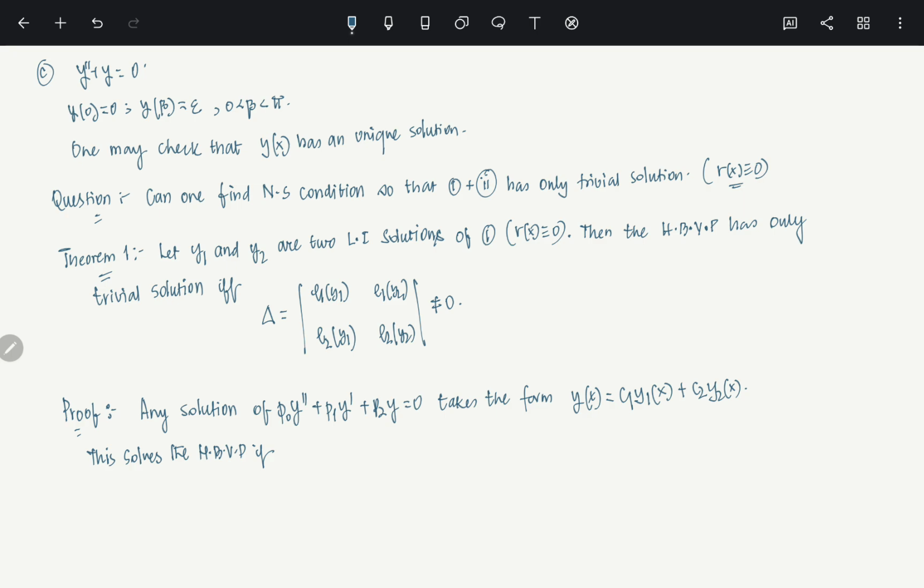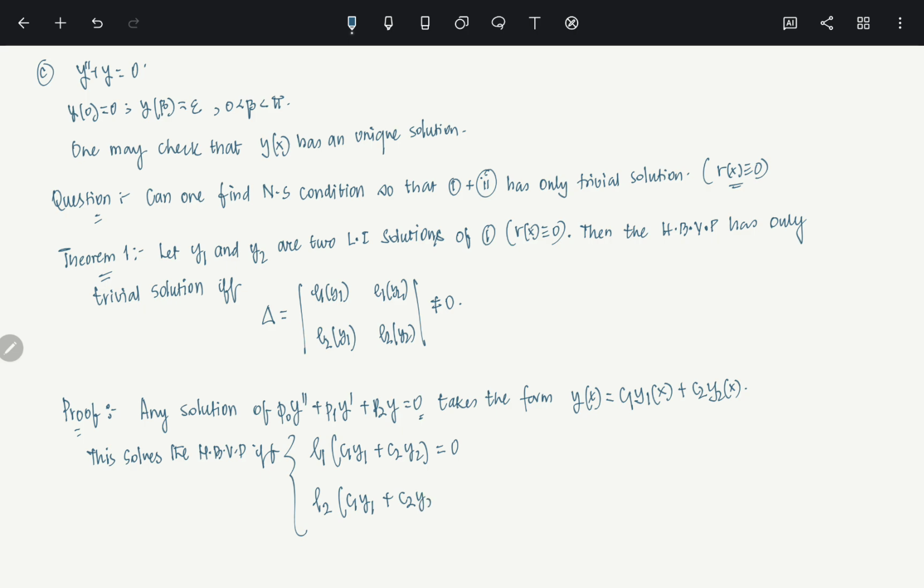If you see, this of course solves the equation. Now this has to also solve the boundary data. So if and only if this solves the homogeneous boundary value problem, L1 of c1 y1 plus c2 y2 is 0, and L2 of c1 y1 plus c2 y2 is 0.